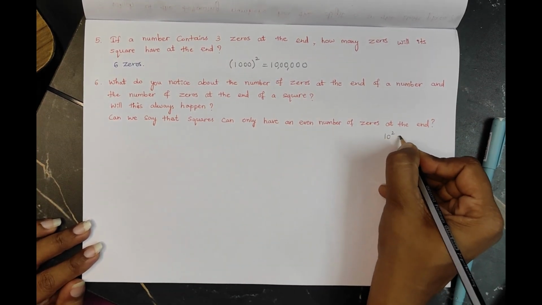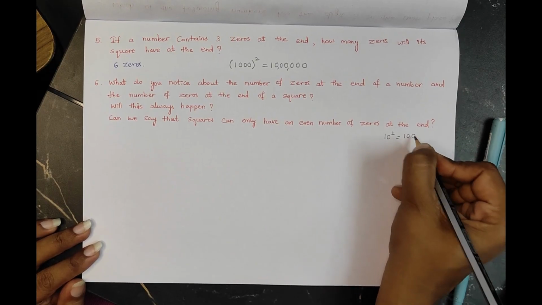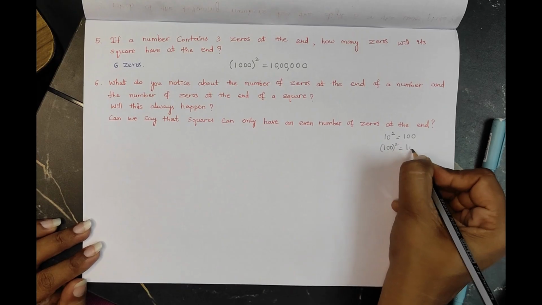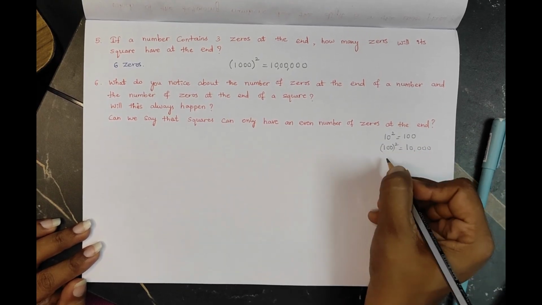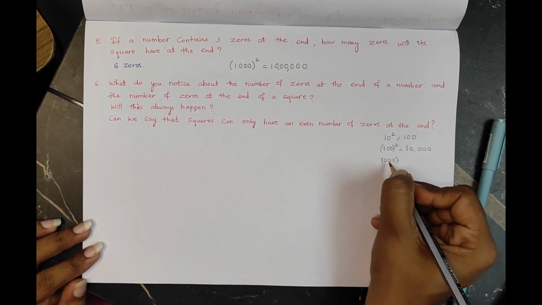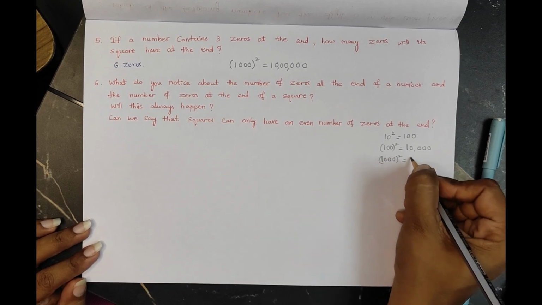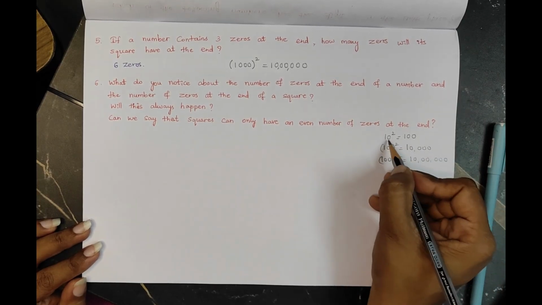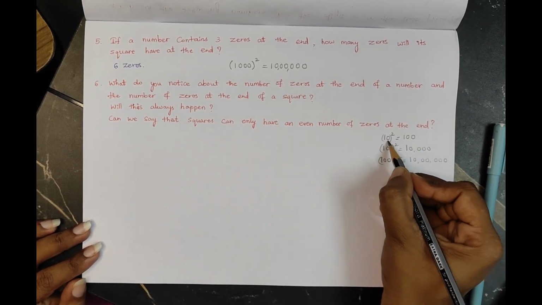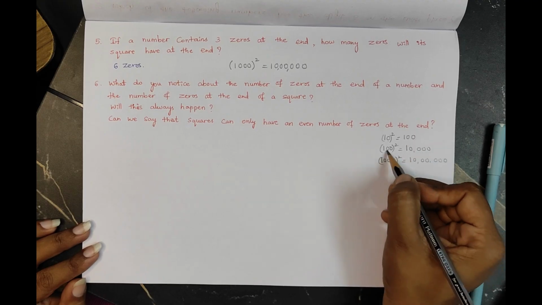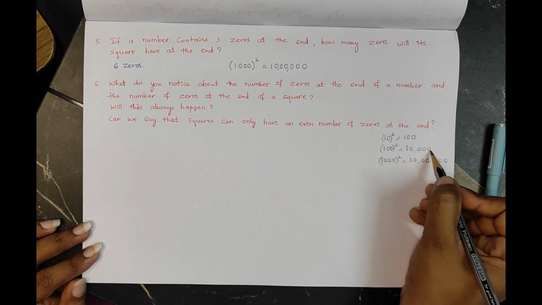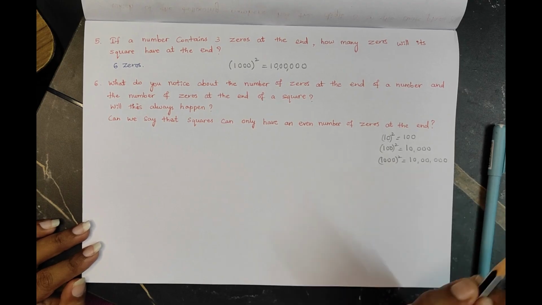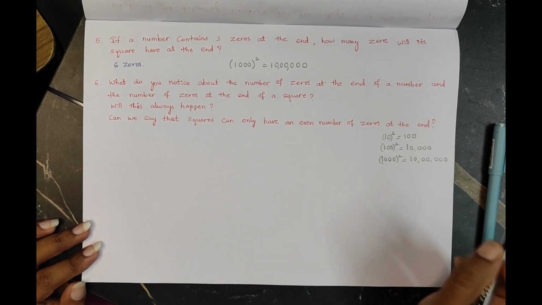For example, 10 square is 100. 100 square is 10,000. 1000 square is 10 lakhs. So if I'm having 1 zero, it is doubled over here. If I'm having 2 zeros, I have 4 zeros over here. If I have 3 zeros, I have 6 zeros in the square number.